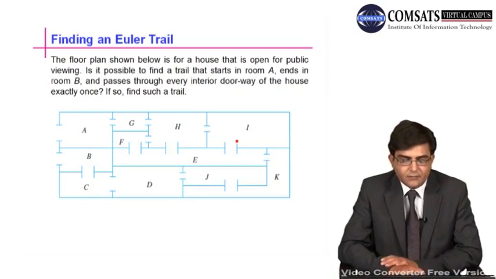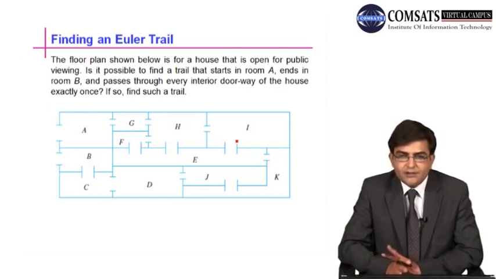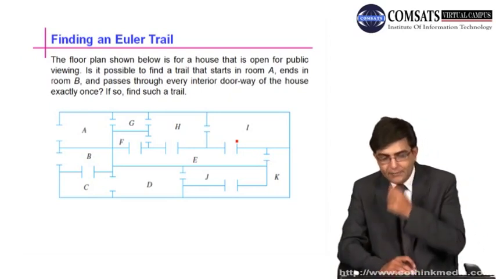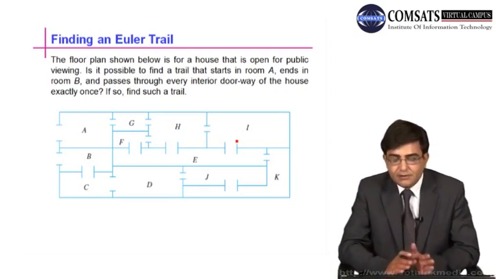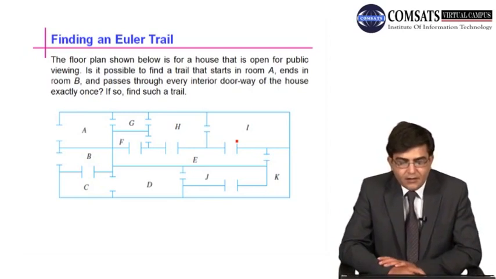For example, a museum. In a museum there are different rooms, different sections, and starting and ending point may be different just to avoid overload in the ways, so that the people can move easily.